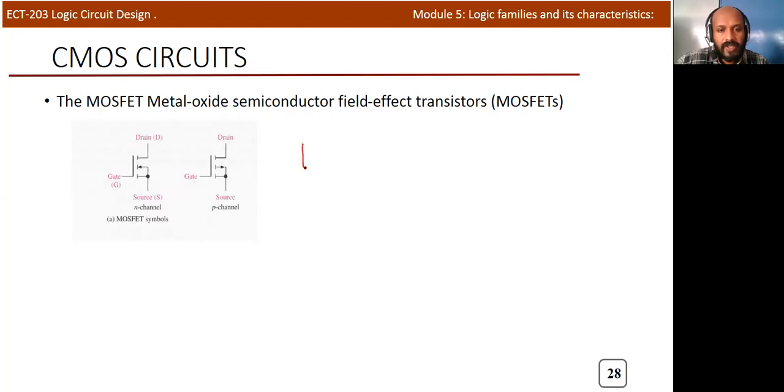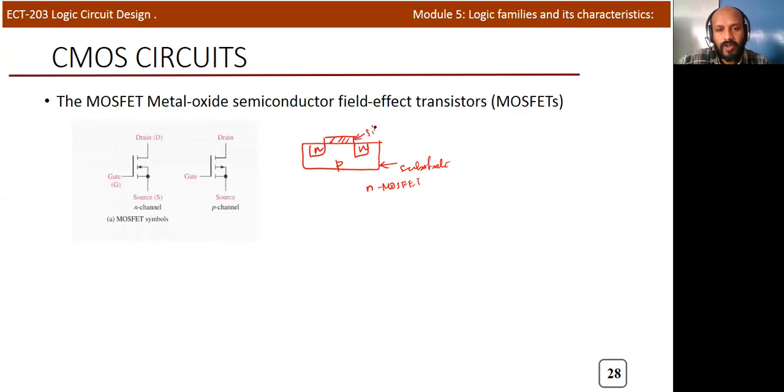So the basic structure of N-channel MOSFET: there will be a substrate, so this particular block is known as a substrate, and for N-channel MOSFET there will be two regions called N. And there will be an oxide layer, SiO2 layer.